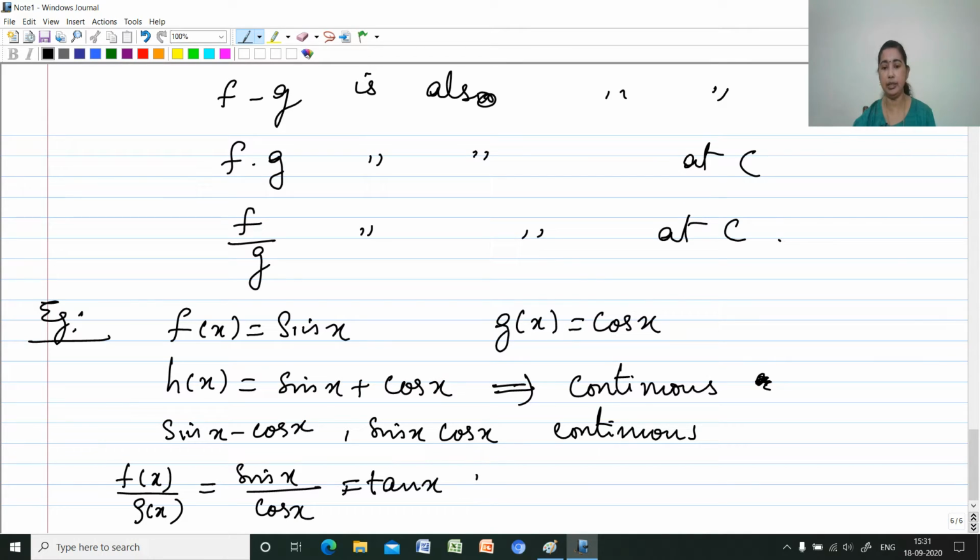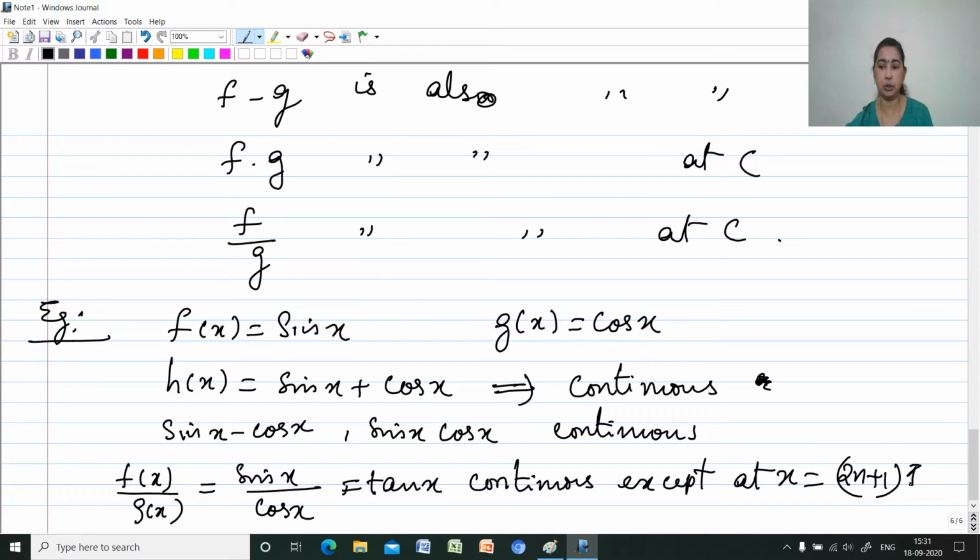It is continuous except at x equal to (2n plus 1) into pi by 2, that is odd multiples of pi by 2, where cos will be 0. So if the denominator is 0, then we cannot say that it is continuous; except at all (2n plus 1) into pi by 2, it is continuous. So that is an exemption.